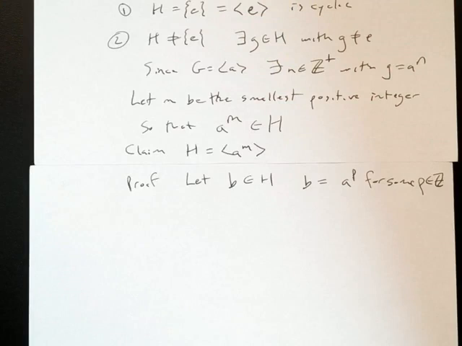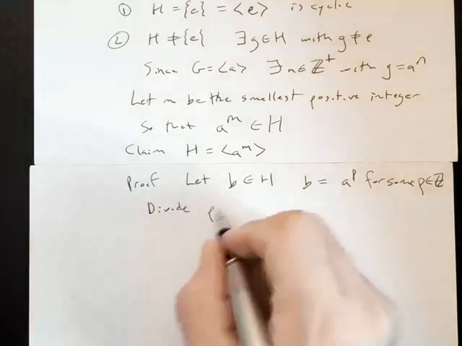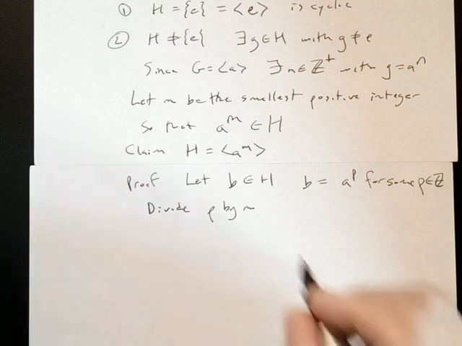I want you to divide P by M. What do you get? I haven't the foggiest idea. But I know I get a quotient and a remainder, right? Column Q and R, let's write that down.